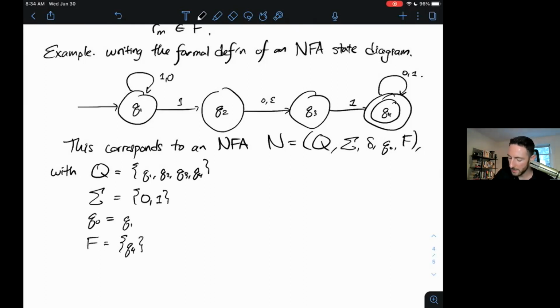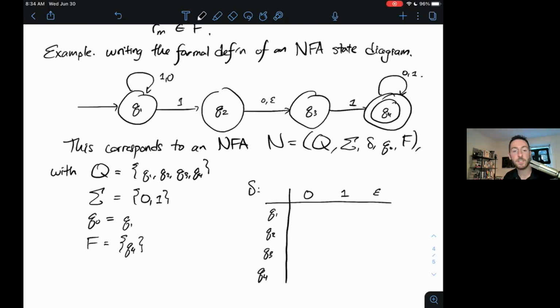And then finally, delta will be a transition function. Remember, our transition function will map from the set of all input symbols plus epsilon and any one state to the set of states we end up at next. So if we look at Q1 here, on a 0, there's one outgoing edge that takes us back to Q1.